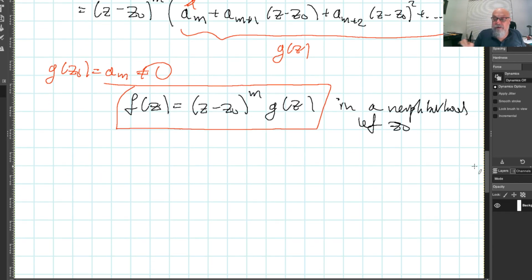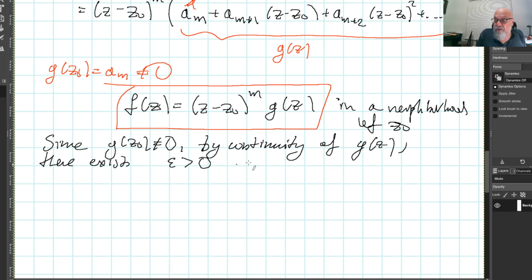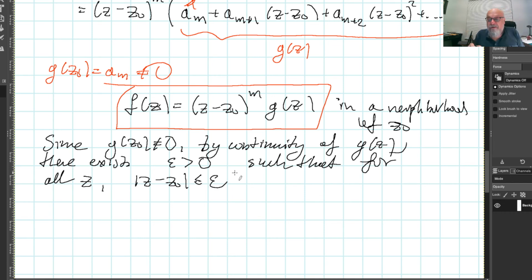Since g of z0 is not equal to 0, by continuity of g, that's an analytic function, so it's continuous, there exists an epsilon larger than 0 such that for all z such that |z minus z0| is smaller or equal than epsilon, we have that g of z is not equal to 0.